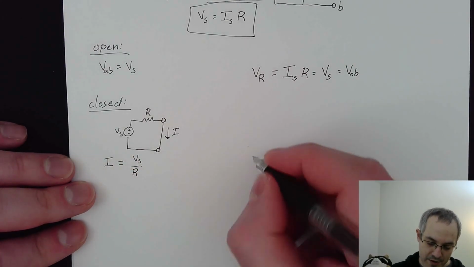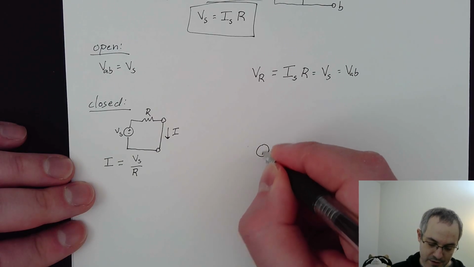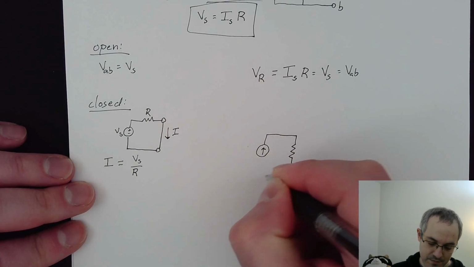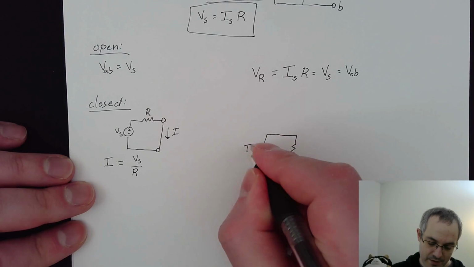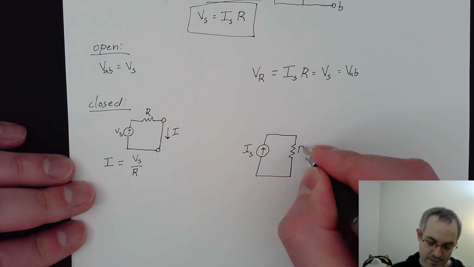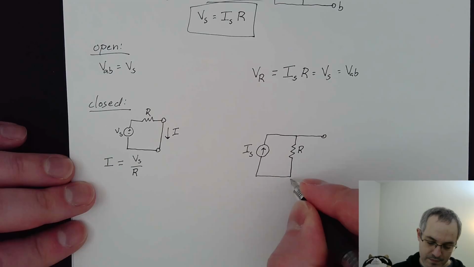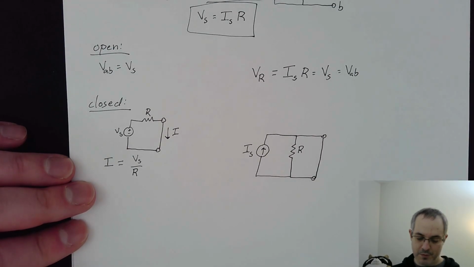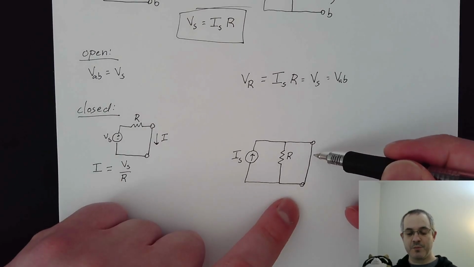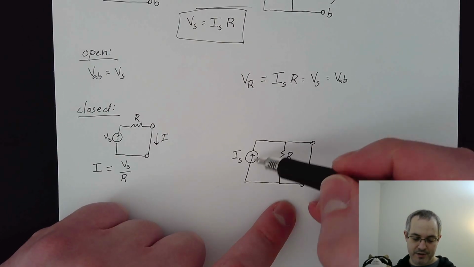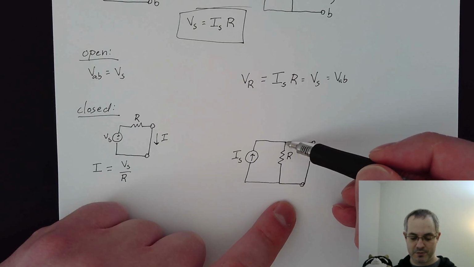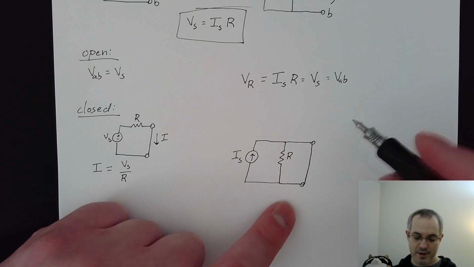If we do the same thing on the other form that had the current source, have Is, R there we go. So once we close this up with a wire, the current is going to go like this, up, over, over, over, over. It's going to bypass this resistor because it would much rather go through just the wire.